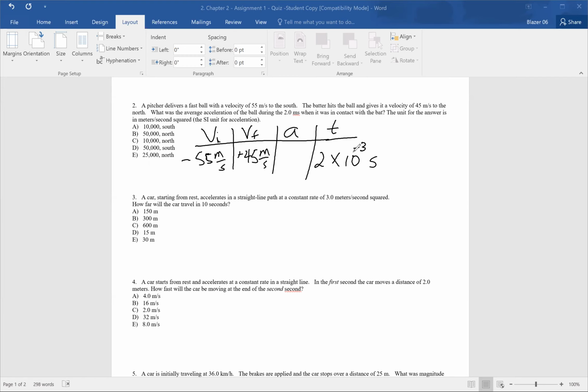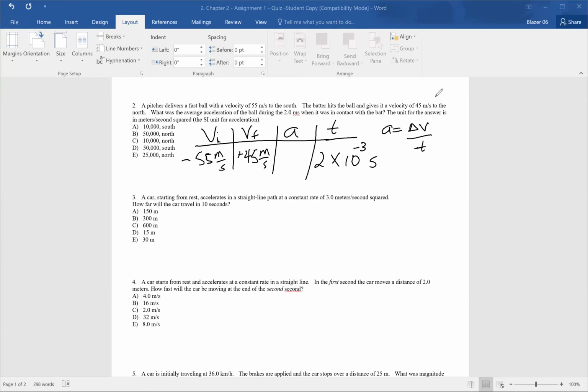So we define acceleration as the change in velocity over time. When you're driving down the road, you accelerate by changing your speed or changing your velocity over a period of time. So now I need to know what is change in velocity.